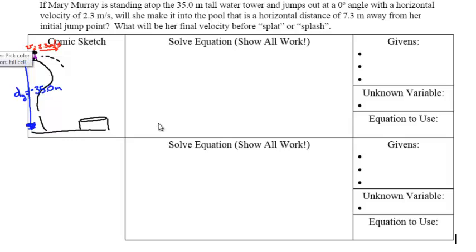You're looking at this number going, hey, that's a given. But 7.3 modifies the pool. It does not modify Mary Murray. There happens to be a pool 7.3 meters away. That does not have any bearing on whether Mary is going to make it to the pool or not.